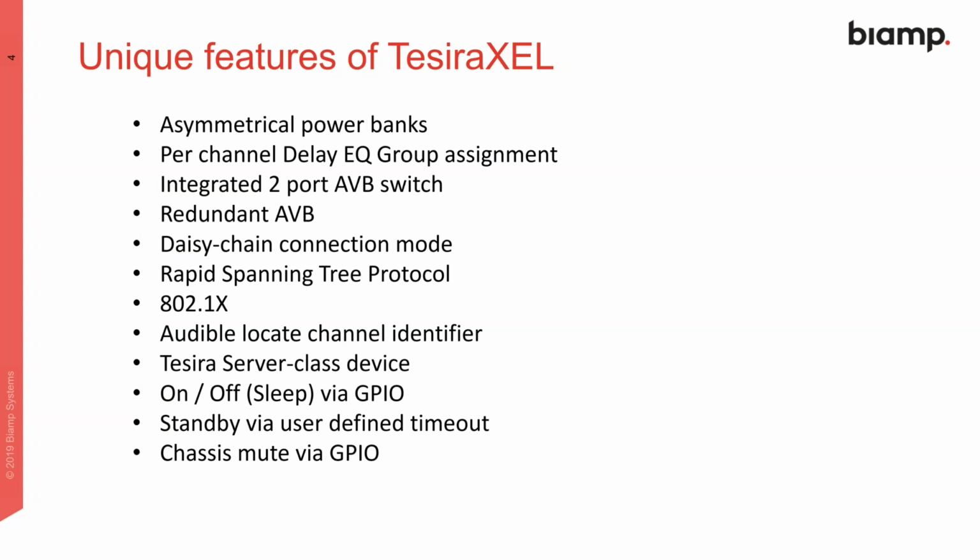We've got a daisy chain connection mode. We support rapid spanning tree protocol, or RSTP. We support 802.1x across the platform. We can do audible locate channel IDs. We have GPIO, which can trigger sleep and chassis mute, and we can go into standby. So we'll take a look at those functions a little deeper.